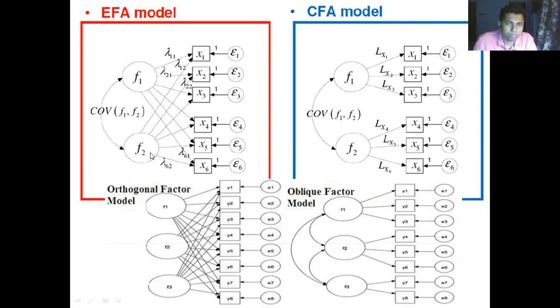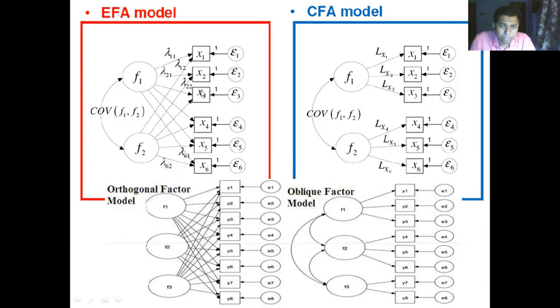These factors are unobservable, and you can see here that these factors can also be correlated with each other in case of exploratory factor analysis, because the direction of the arrows is from the construct to the variables.